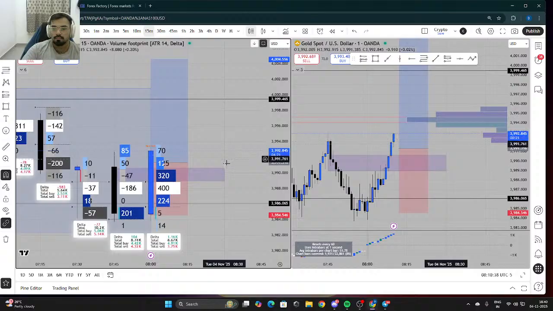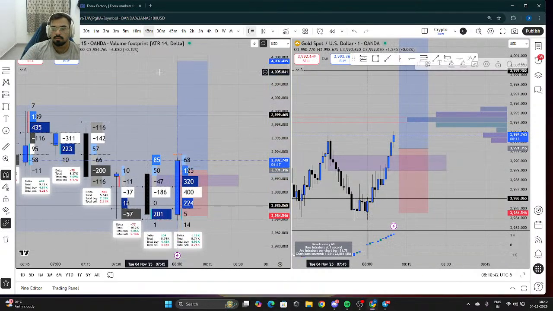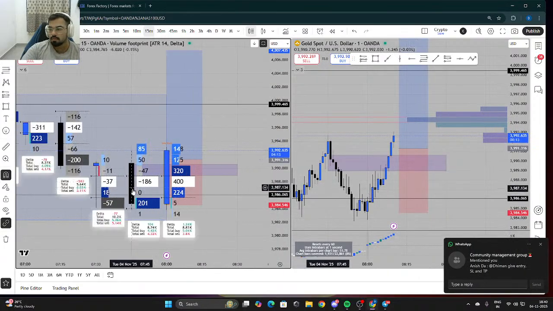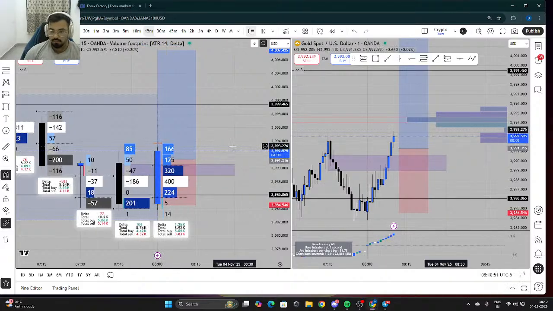Still looking strong, very strong delta. We have a lot of potential for upside. If this kind of delta is forming, and we can compare to looking at this exhaustion, we still have a lot of potential for gold to move upwards.